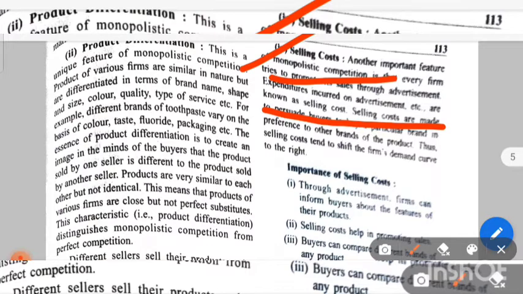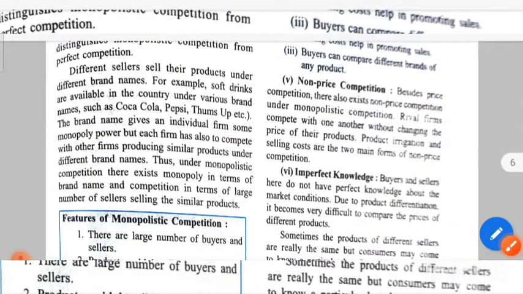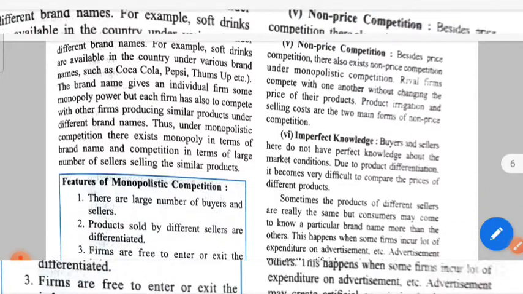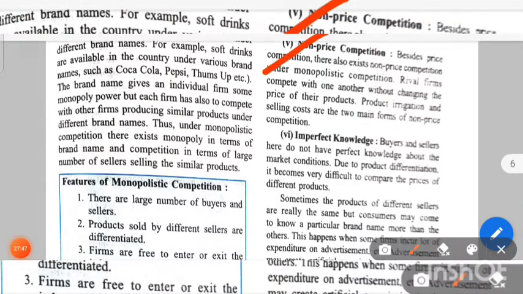So selling cost is included in monopolistic competition. They are not having competition on the base of price because they are having competition on the base of quality. Then imperfect knowledge, buyer and seller do not have perfect knowledge.